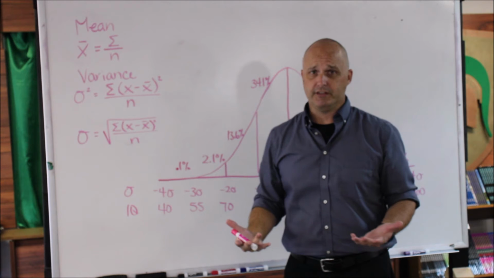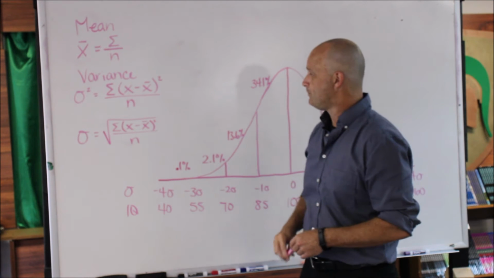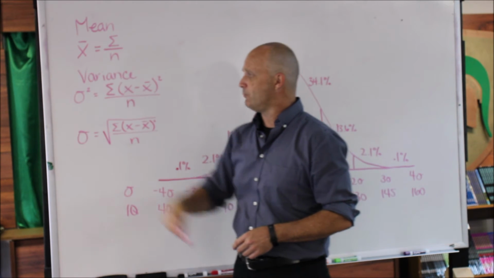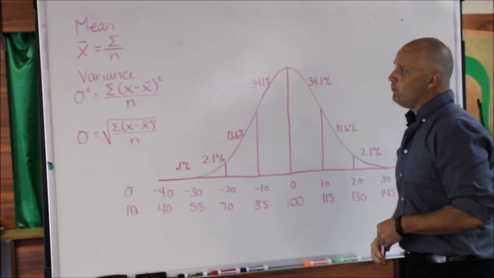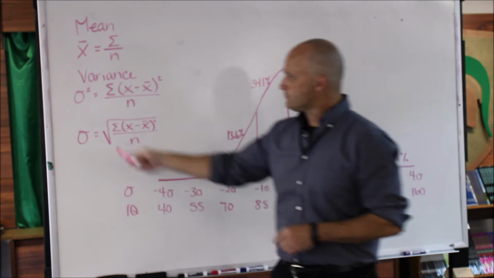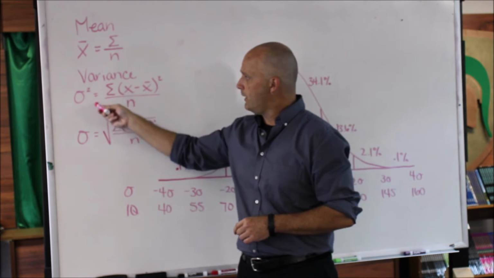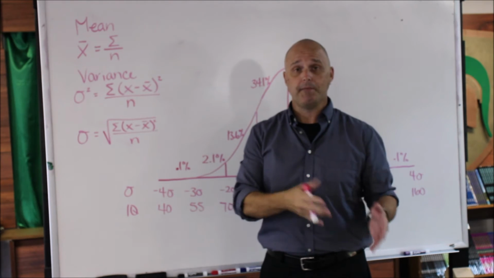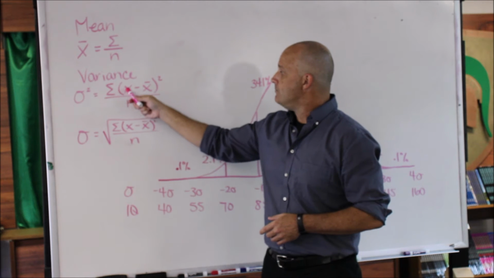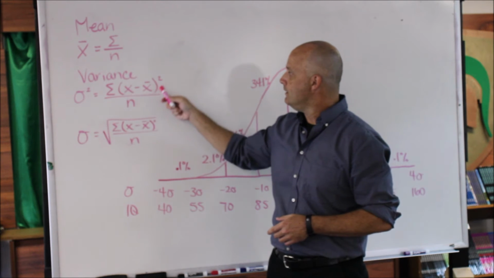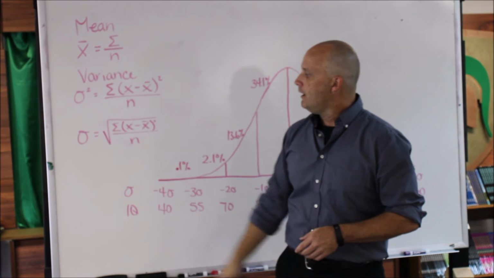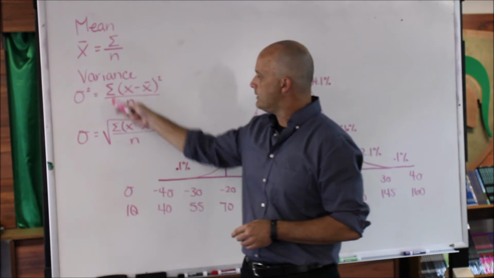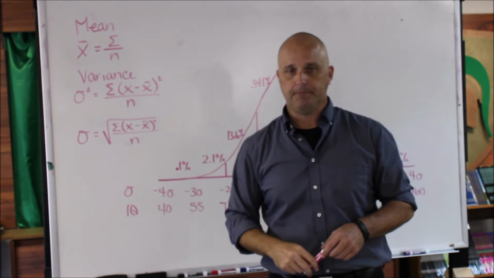And you've probably been using this since you were in elementary school. You probably just haven't seen it written like this before. Then we have something called the variance. The variance is sigma squared equals capital sigma, so going back to sum, times x minus the mean, squared, over n. And then for our standard deviation, we're just going to take the variance and take the square root of it.